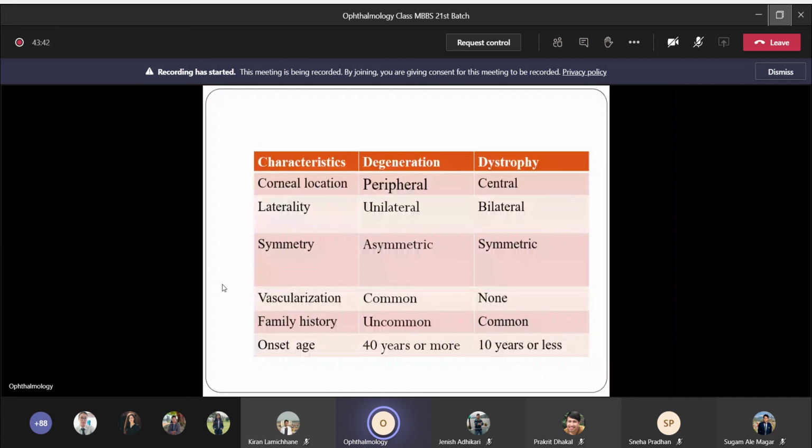In symmetry, degeneration is asymmetric, whereas dystrophy is symmetric. Vascularization is common in degeneration, and in dystrophy there is no vascularization. Family history is common in dystrophy because it is inherited, whereas not so in degeneration. Degeneration is in the elderly age, 40 years or more, and dystrophy is seen in 10 years or less.